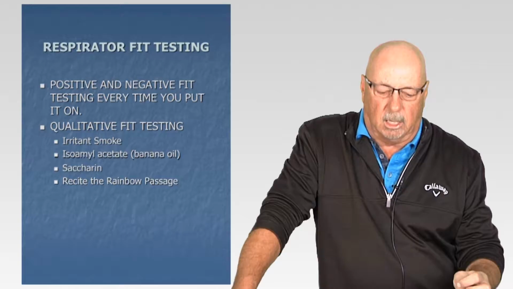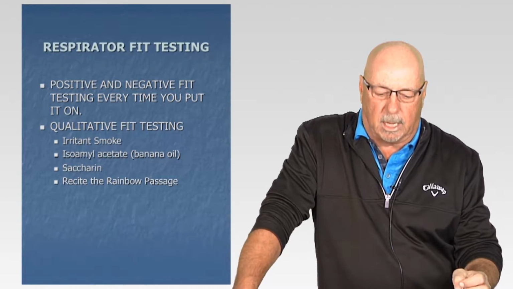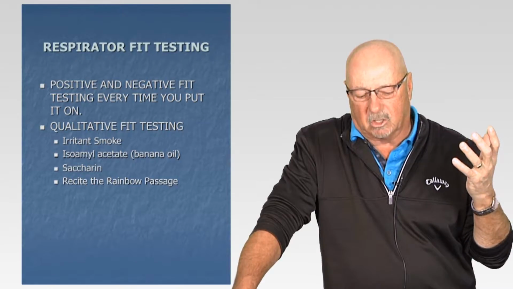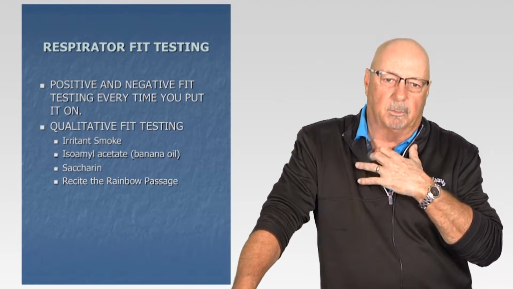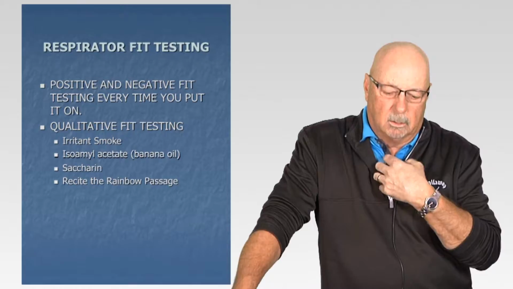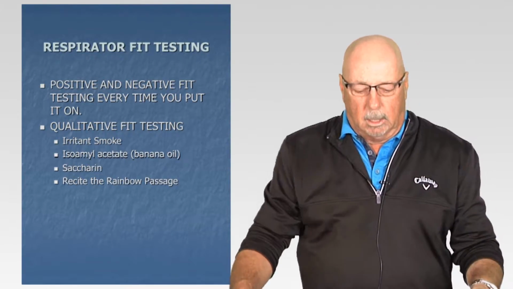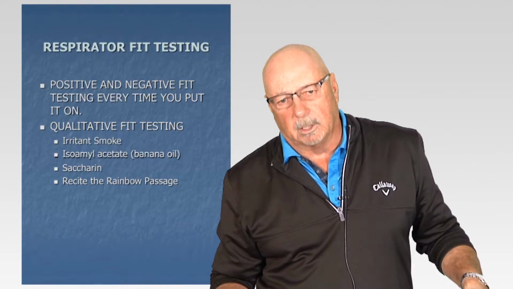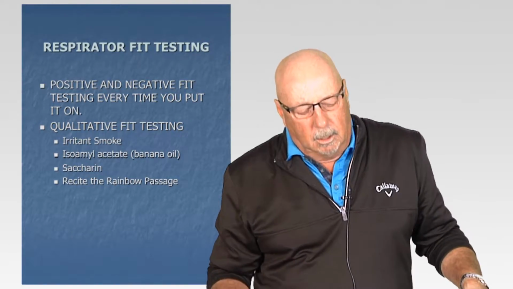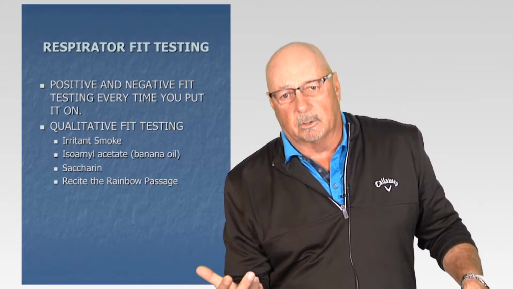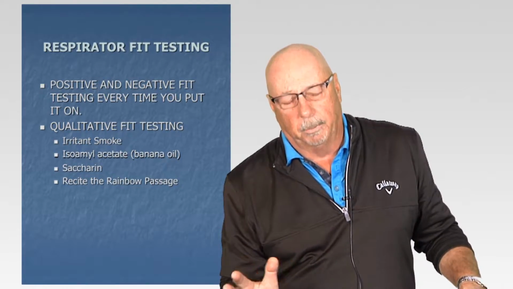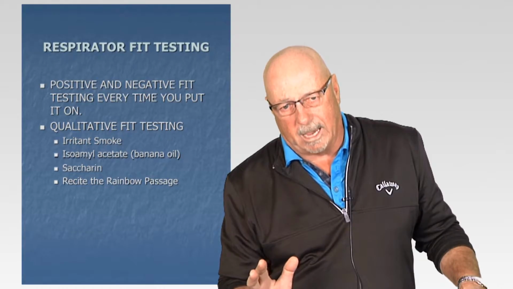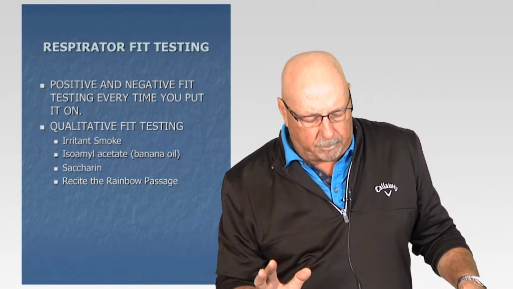Another type of qualitative fit test is what we refer to as isoamyl acetate testing. It smells like banana oil, so it smells like bananas. So you can use the vapor from this isoamyl acetate the same way you'd use an irritant smoke inside a test chamber, and ask the employee that you're testing, do they detect the smell of banana oil?